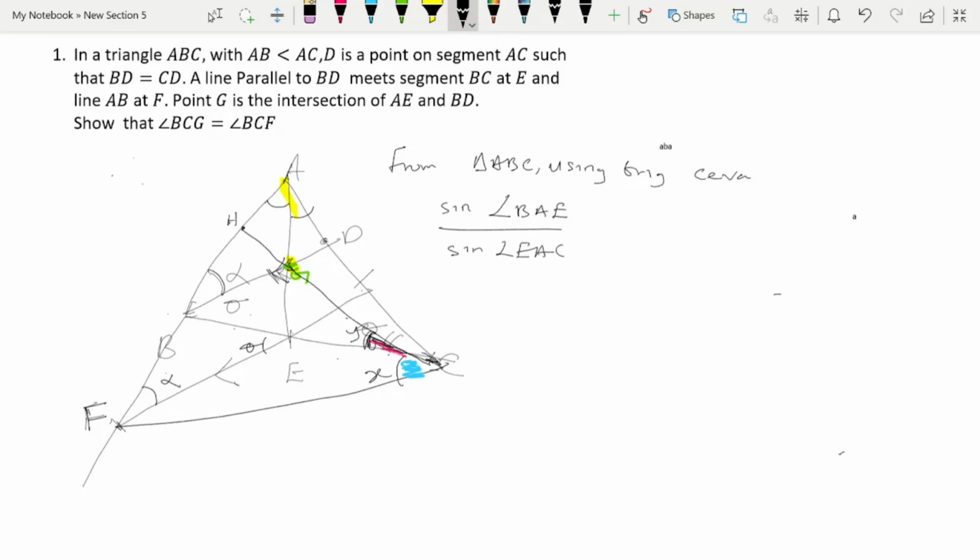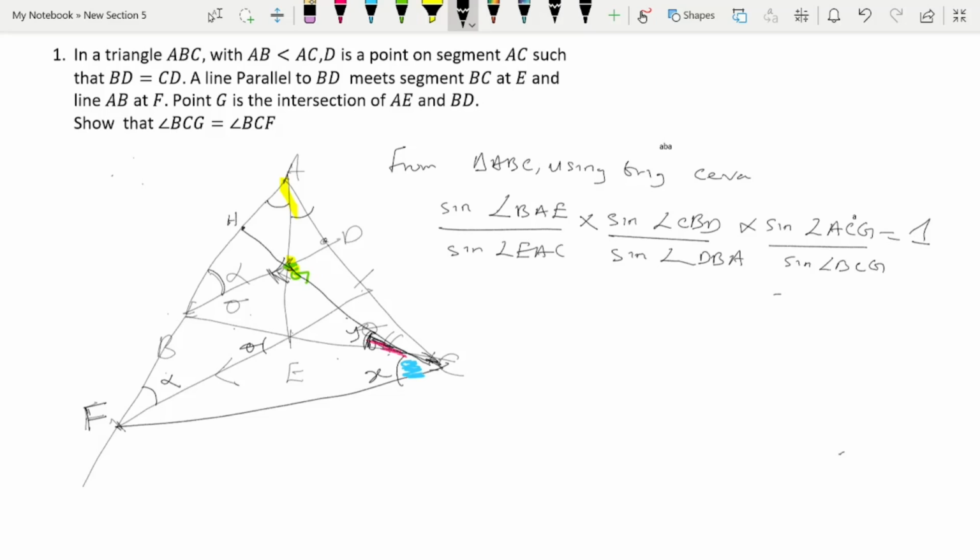So we have the sine of angle BAE over sine of angle EAC, times sine of angle CBD over sine of angle DBA, which signifies CD over AD, then times sine of angle ACG over sine of angle BCG, which signifies AH over BH, equals 1. Now we can plug in what we know.